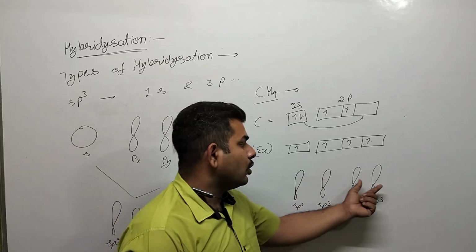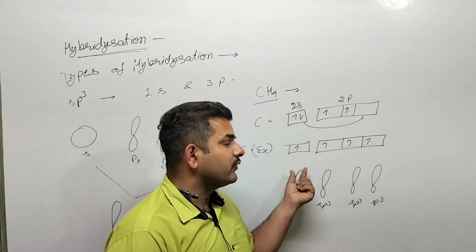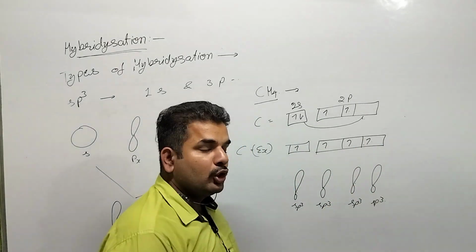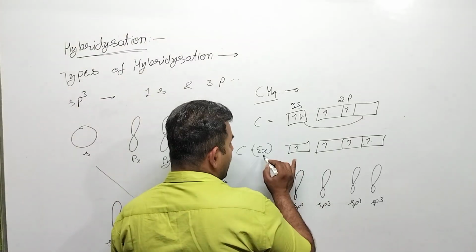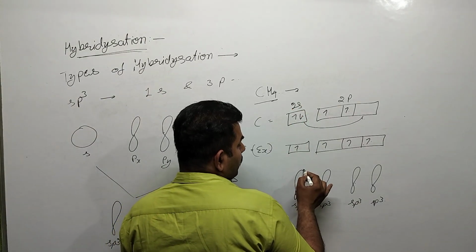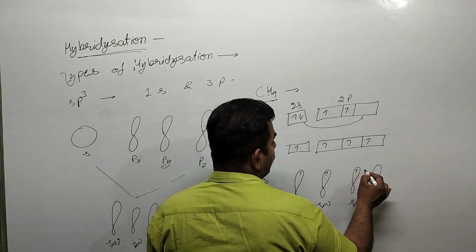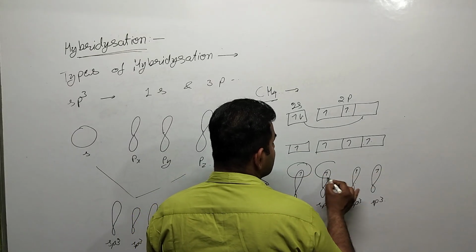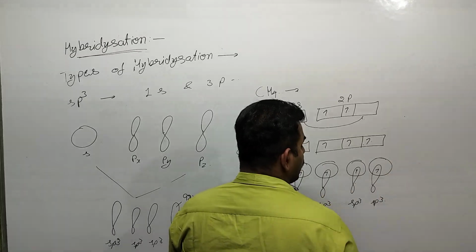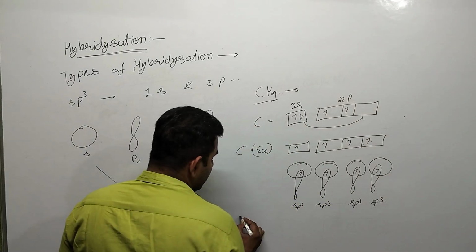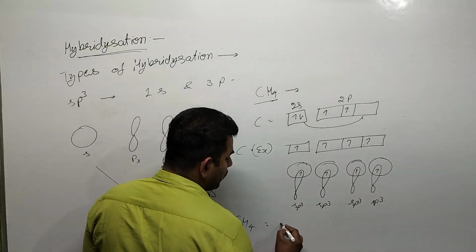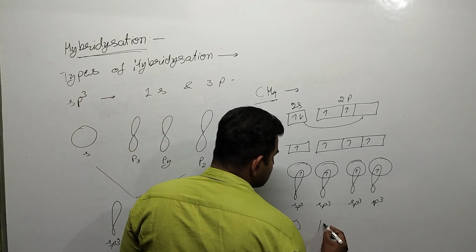That means all these orbitals contain the character of one s and three p orbitals, and hydrogen atoms will overlap with these four orbitals, and it will be simply represented as CH4.